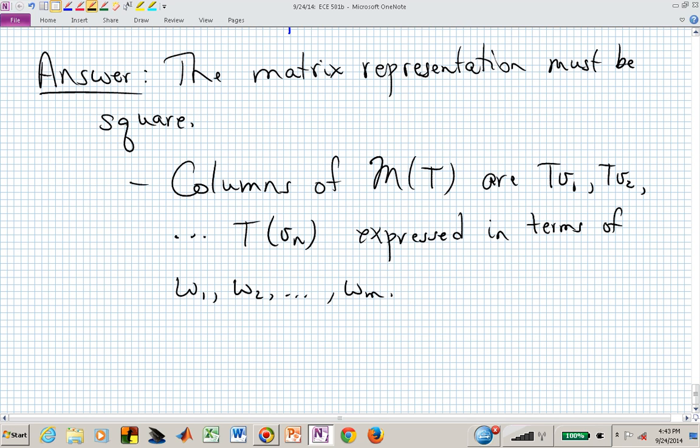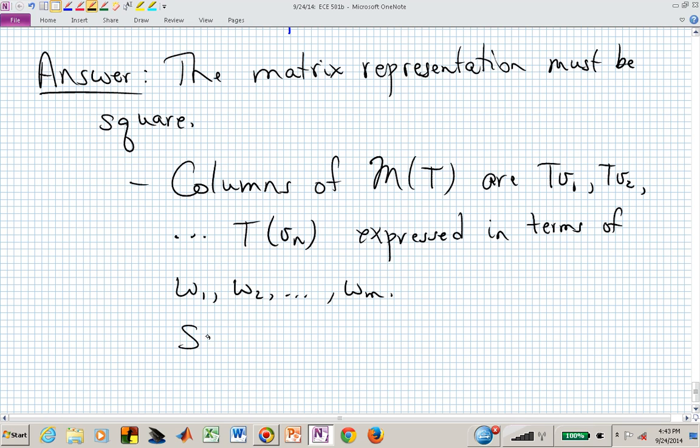But the only way that those columns can map into m basis vectors in our codomain is for little n to be equal to little m.